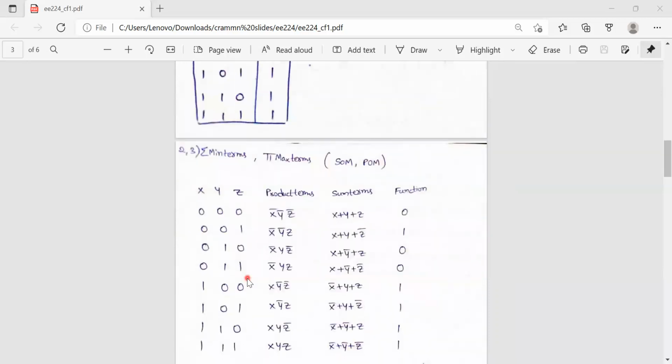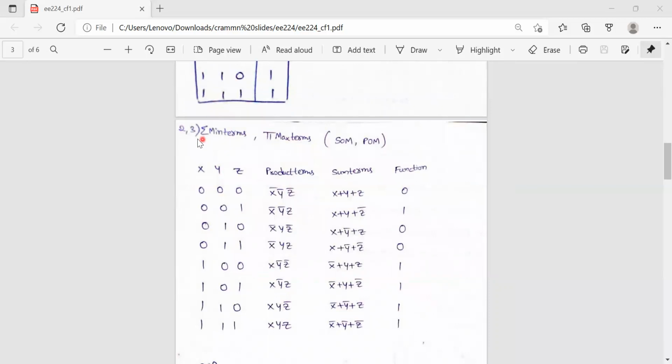The second and third forms are min terms and max terms. In the truth table we have seen the possible inputs, and the product term for this input is x bar, y bar, z bar, because the 0 is there.